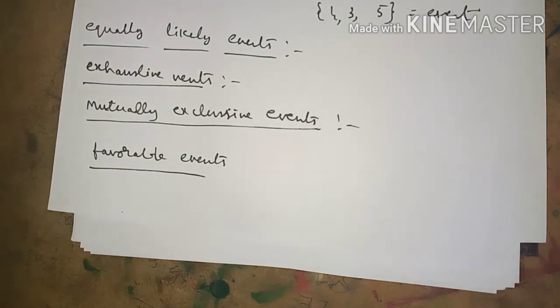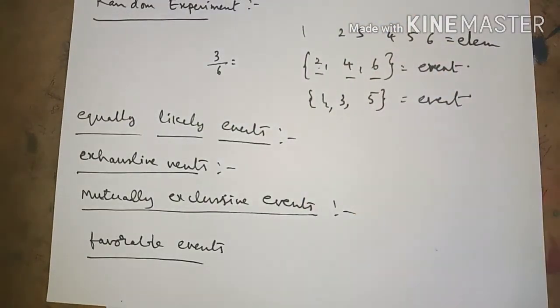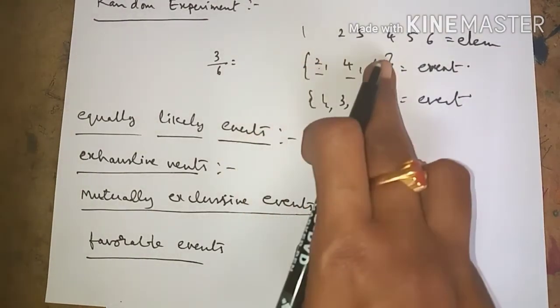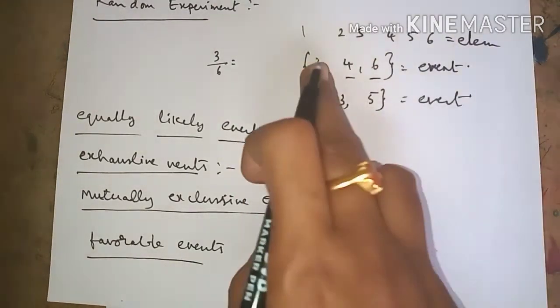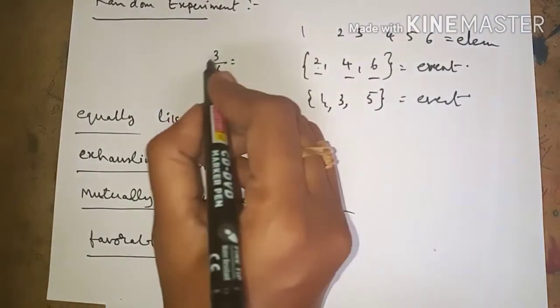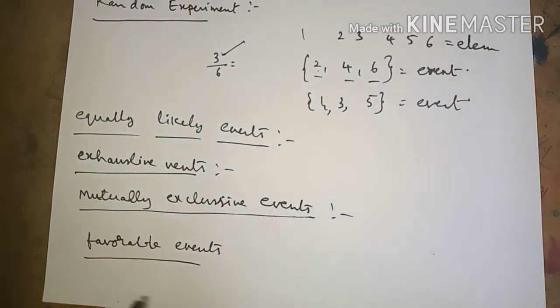For example, what is the probability of getting an even number? How many favorable cases are there? 2, 4, 6. 1, 2, 3. There are 3 numbers. Therefore, 3 are the number of outcomes favorable to the event.